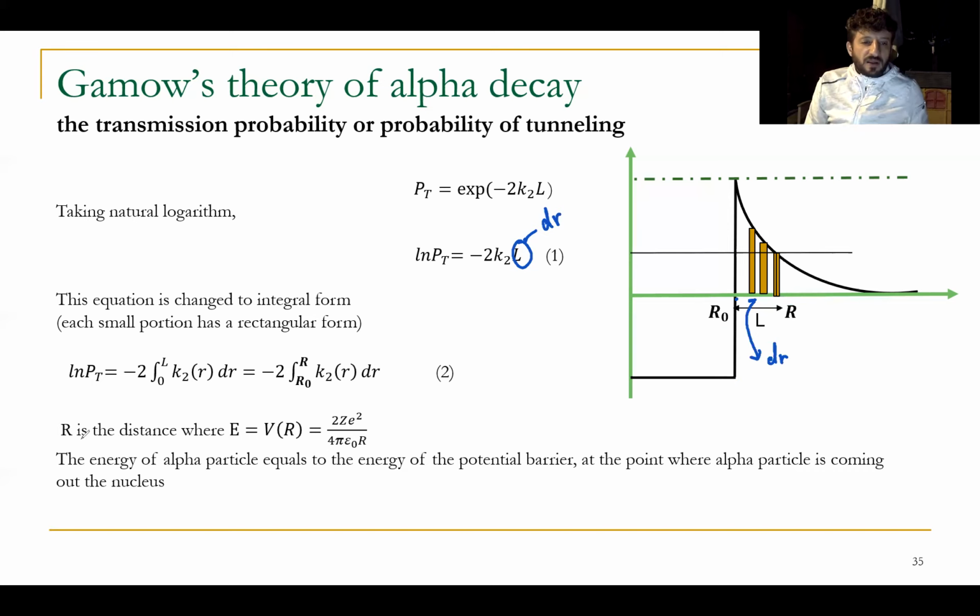So R is the distance where we can calculate V, which we calculated before. V at this point is equal to 2Ze square divided by 4 pi epsilon 0 R.